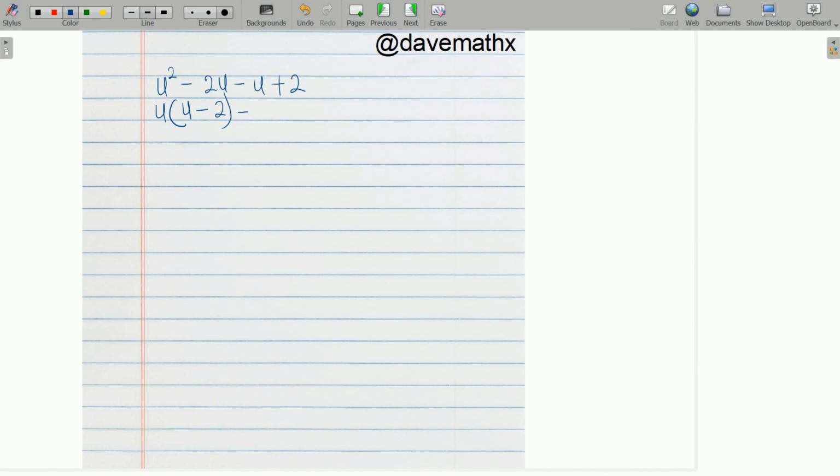Then we can factorize minus 1 from u and plus 2, since 1 is a factor of both. Remember that minus times minus is plus. And also we made sure both sides balanced with u minus 2 on both sides. Now I can separate both solutions.